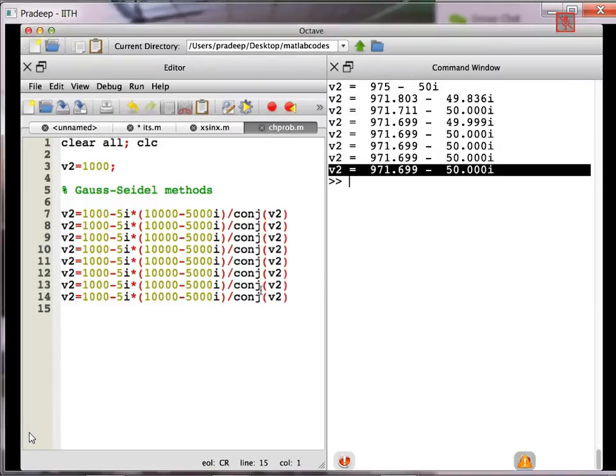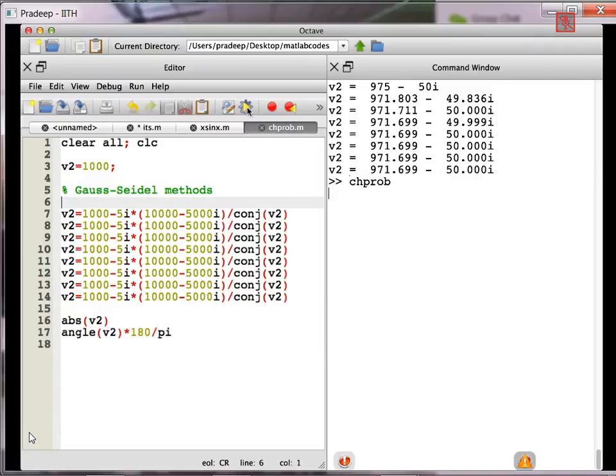If I want to get the absolute value and angle of V2, I have to multiply by 180 and divide by pi to get the angle in degrees. So the final answer is 972.98, and the angle is minus 2.945.